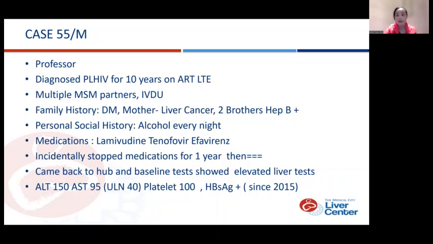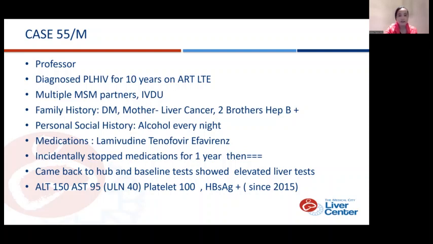Incidentally, his mother had liver cancer, and 2 brothers are hepatitis B positive. So when you see a family history like that, consider the possibility that your patient also has hepatitis B, being infected by the mother at birth. The patient also drinks alcohol nightly.